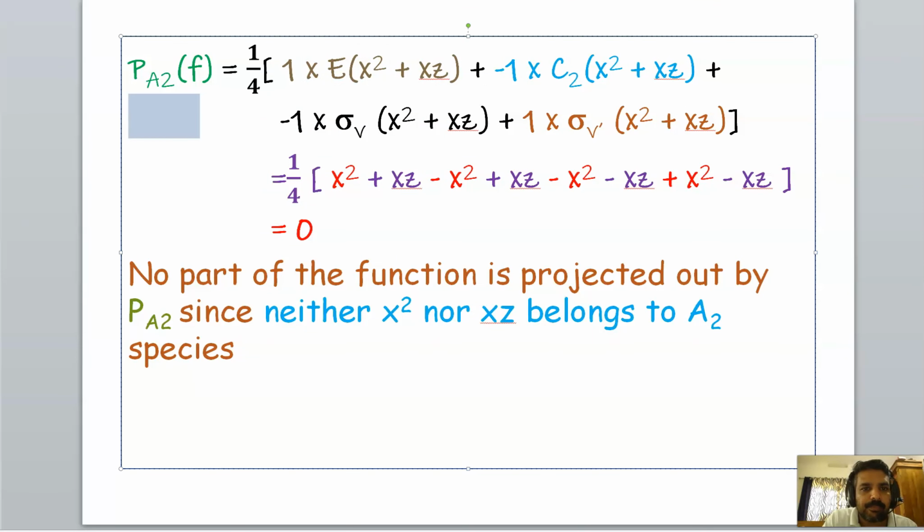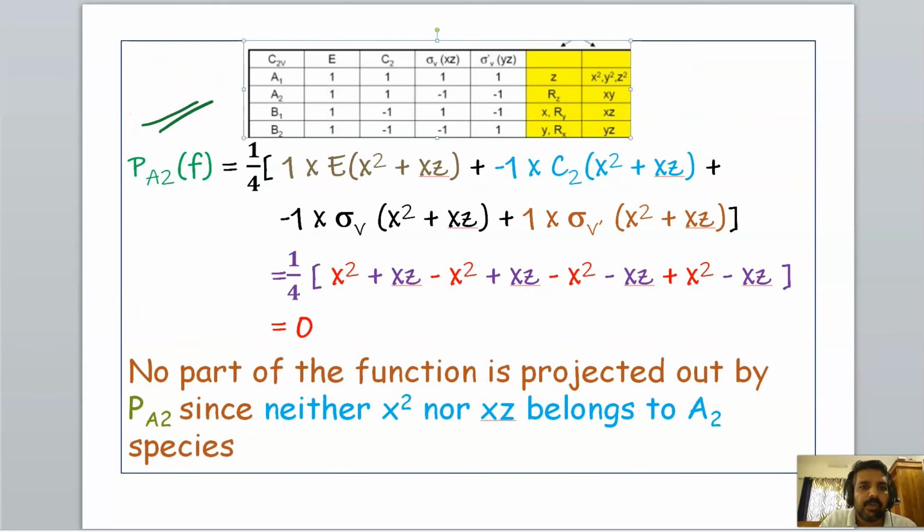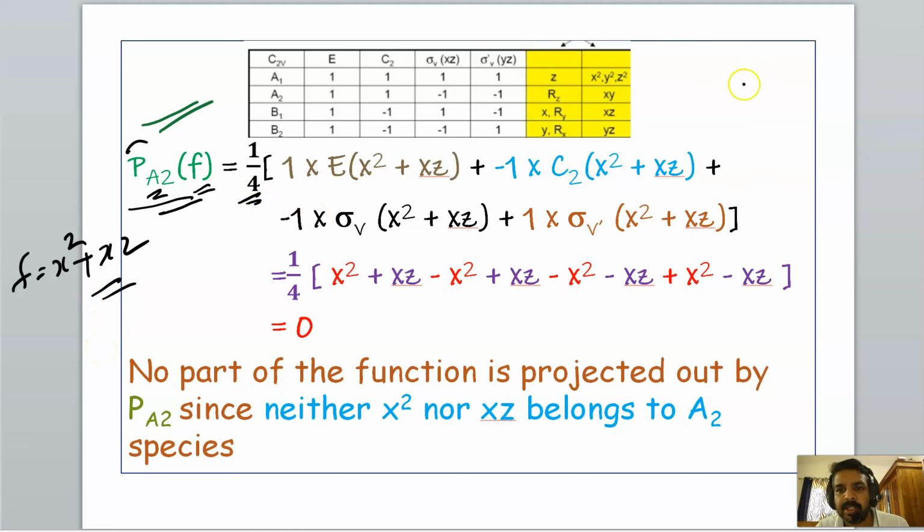And next, P_A2 f. Next operator is P_A2 f, that is the projection operator having the symmetry A2 acting on the function f, where our function is x square plus xz. Then again Li divided by h, our operator is Li divided by h, sigma r, chi r into operator r.